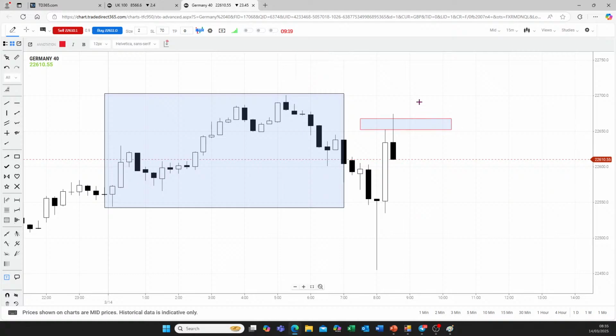Annotation. So, am I supposed to make this bigger?